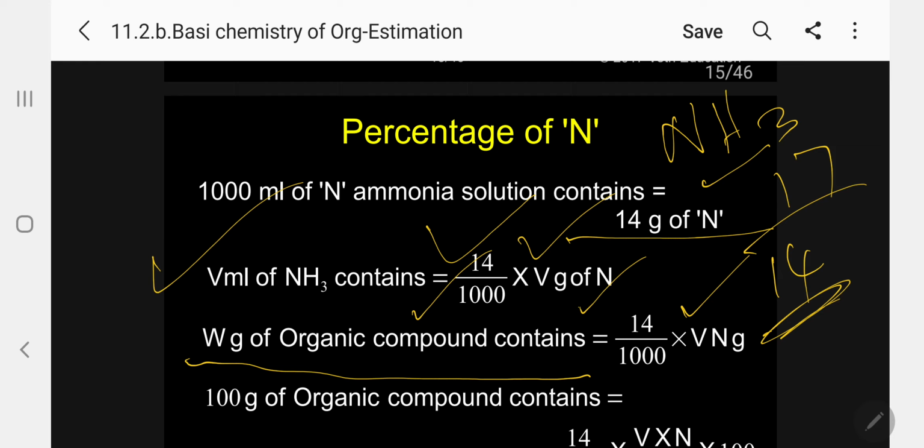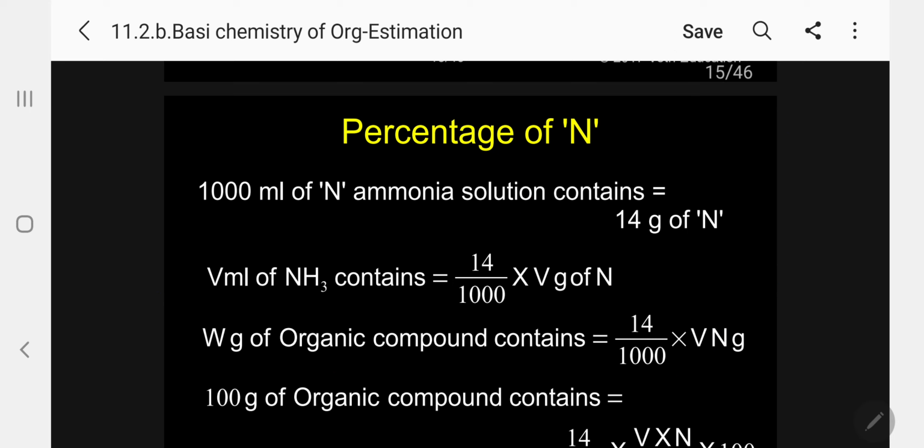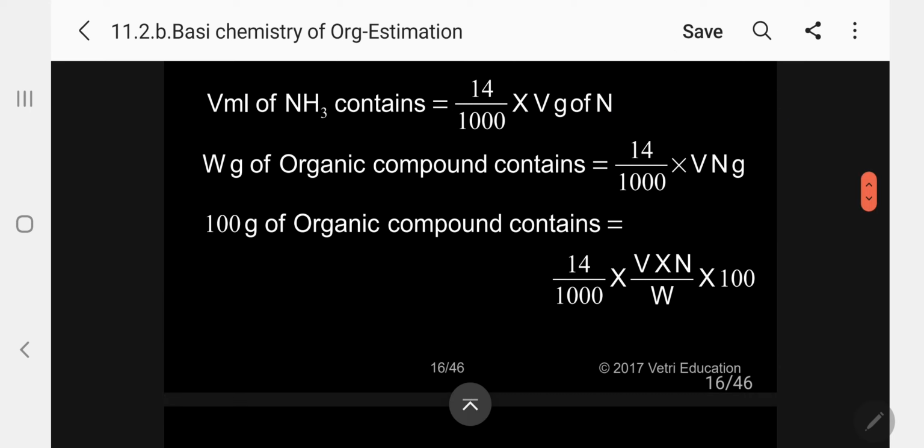So, what will happen now? Now we have to see for 100 grams of organic compound, how much it will contain. So this is the formula: 14 divided by 1000 into V into N, divided by W, into 100.